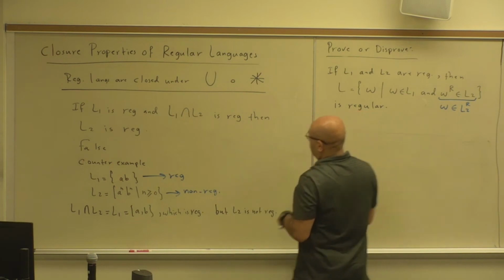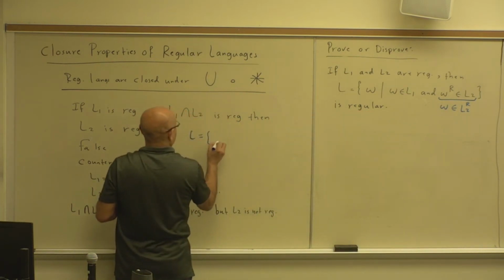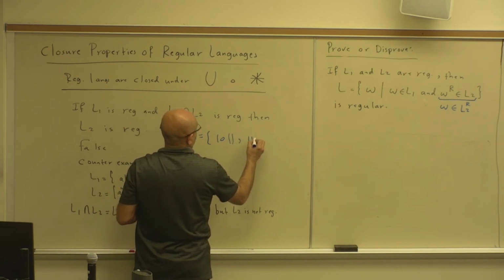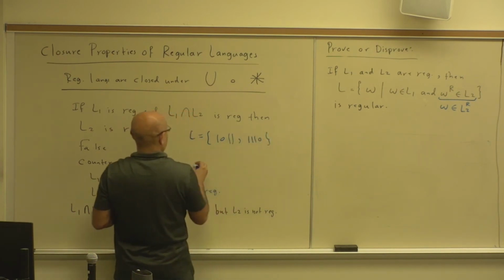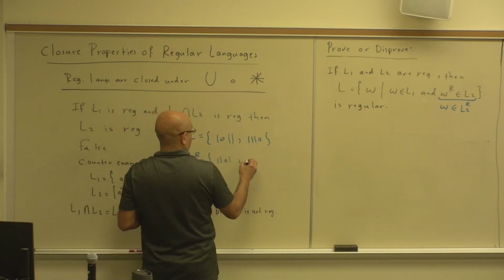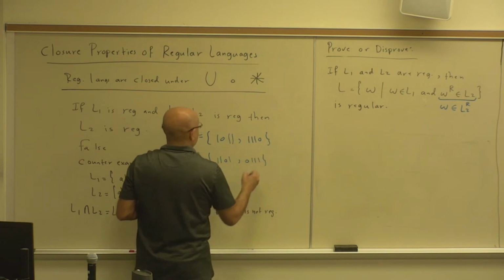So, for example, this is L: 10, 11, 11, 10. L reverse is 1101, 0111.